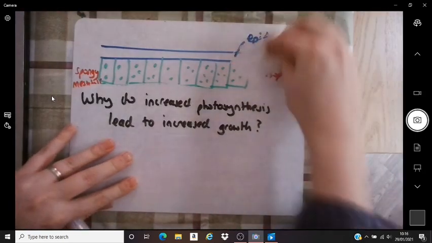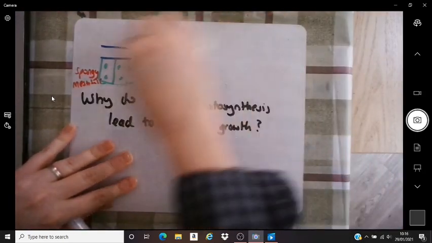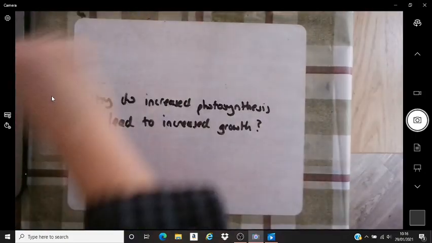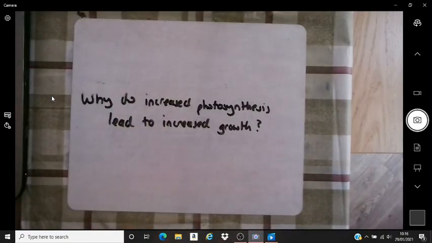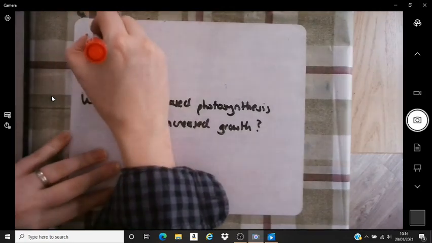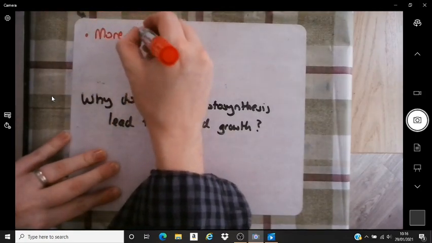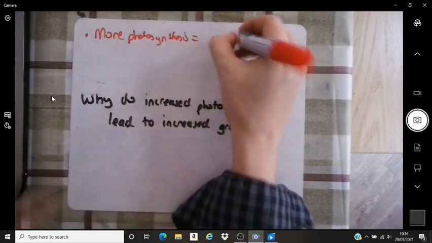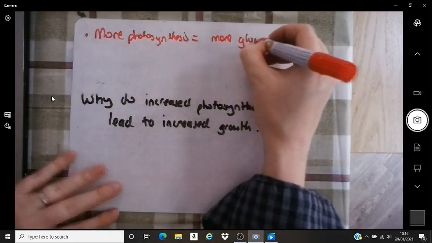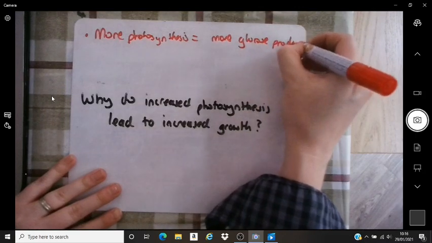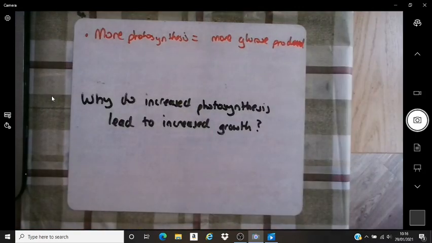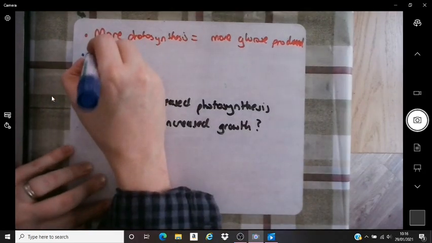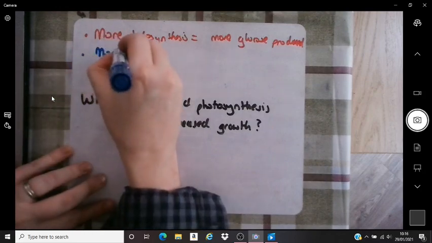So firstly, if I just bullet point the ideas around it. Firstly, more photosynthesis means more glucose produced. More photosynthesis is more glucose. That's what we make in photosynthesis. So if we've got more glucose, we can do more respiration.